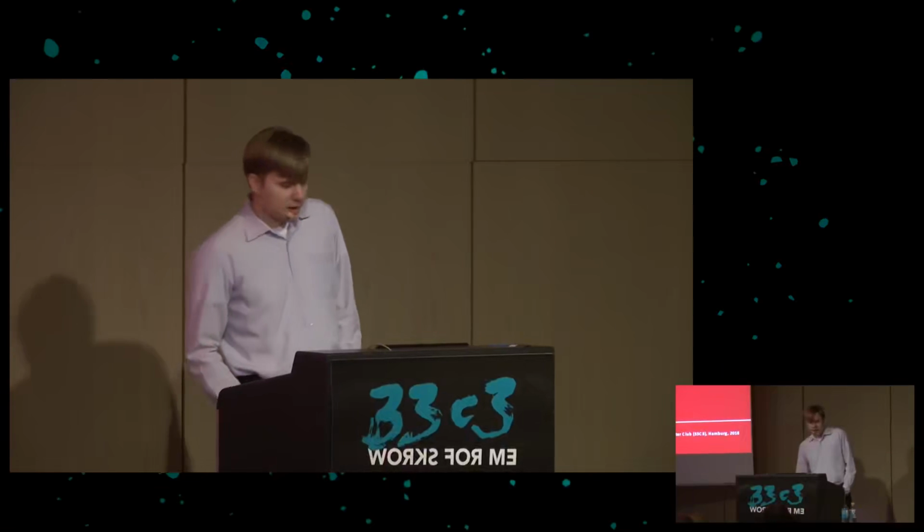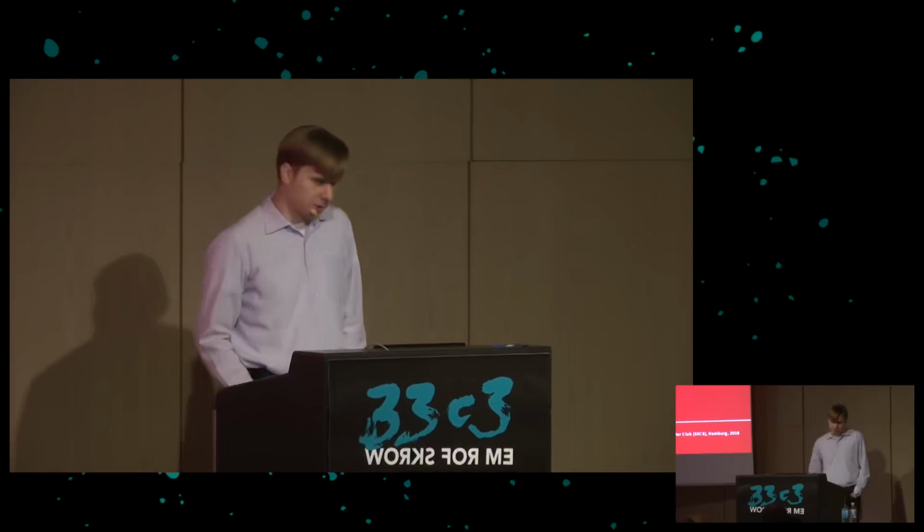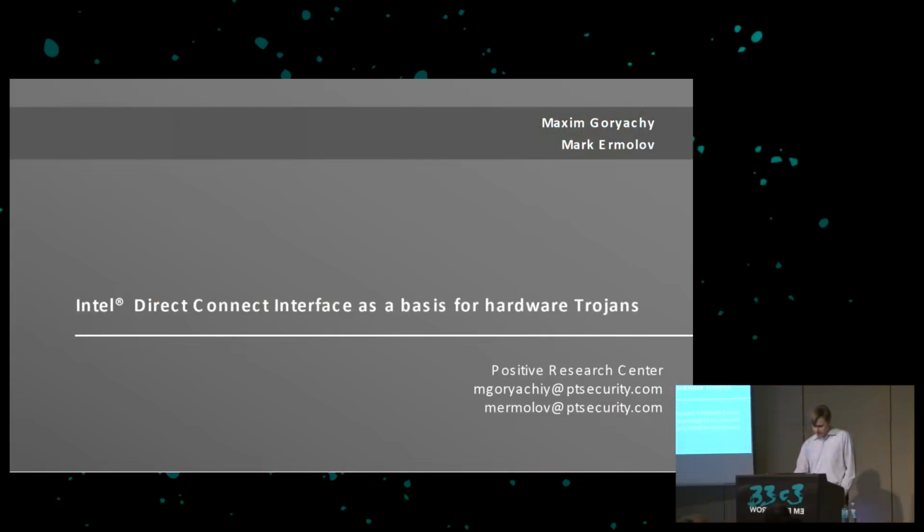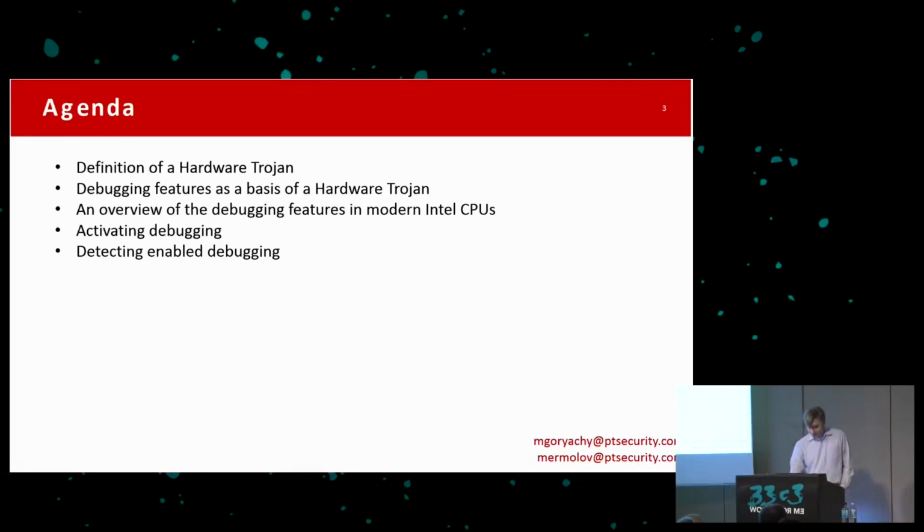So, I would like to cover the topic of hardware Trojans and tell about one of the modern Intel CPU design features that can be used for this purpose. It's the Direct Connect Interface. As you can see from the slide, we're going to review the debugging interface as a basis of such a Trojan on modern Intel CPUs.